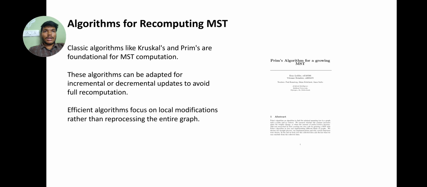The algorithms for recomputing MST are the classic algorithms like Kruskal's and Prim's, which are foundational for MST computation. These algorithms can be adapted for incremental or decremental updates to avoid full recomputation, and efficient algorithms focus on local modifications rather than reprocessing the entire graph.